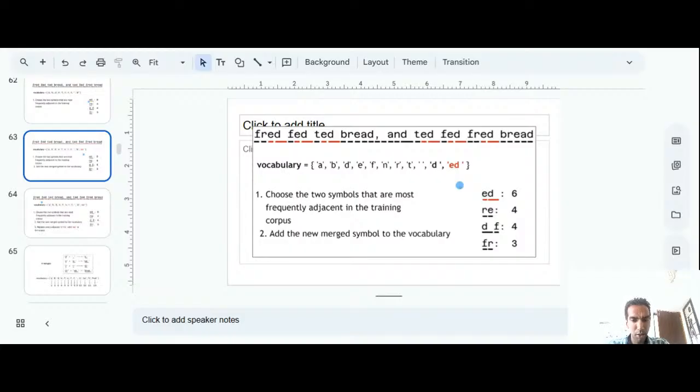There is a particular order in which we have these tokens, right?